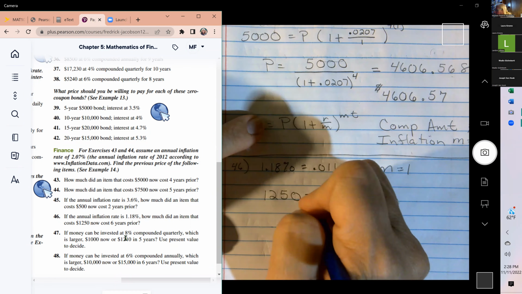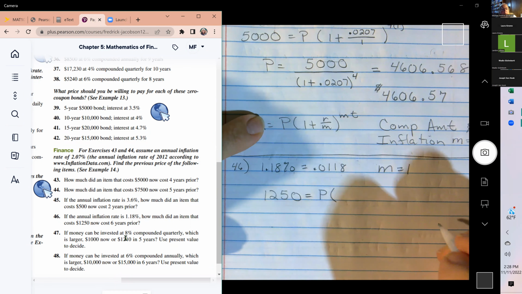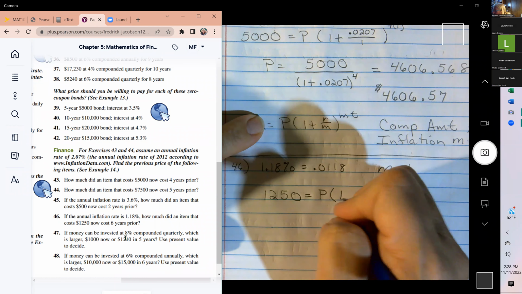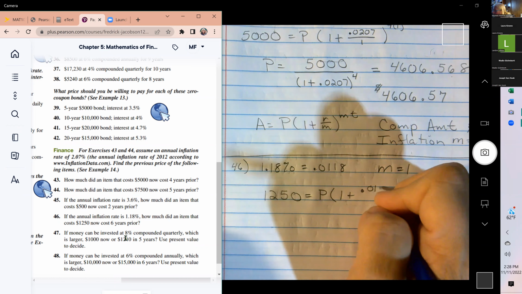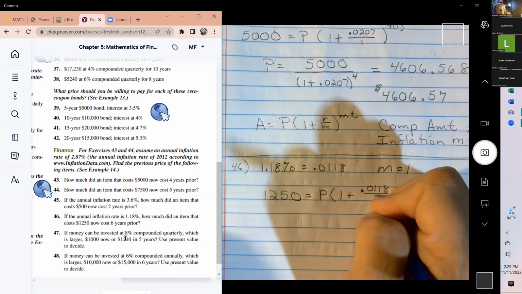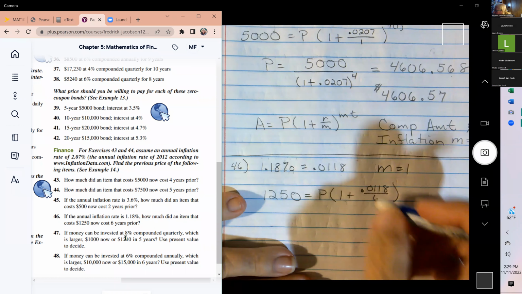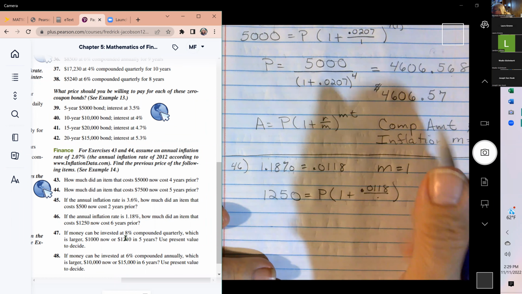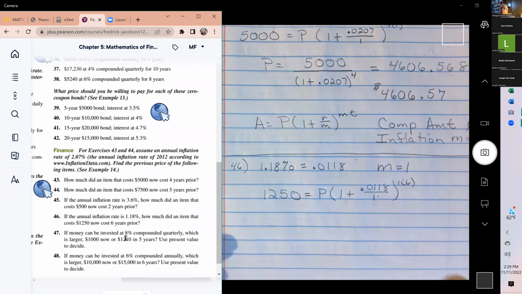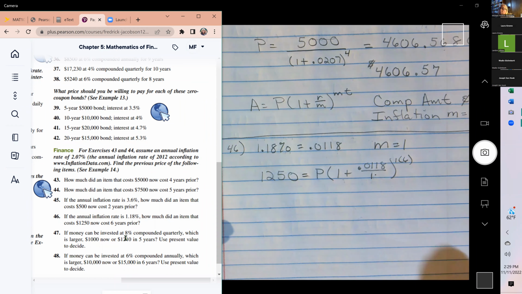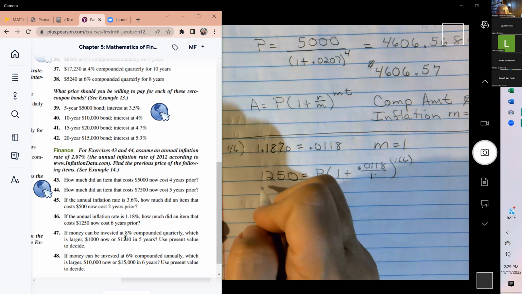We're looking for how much it was worth 6 years ago. Divide it to the other side.